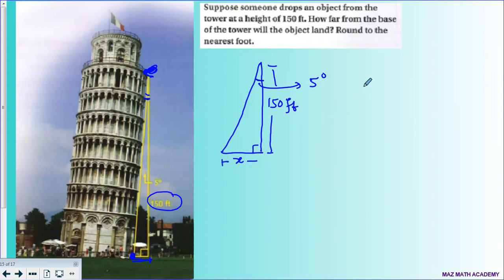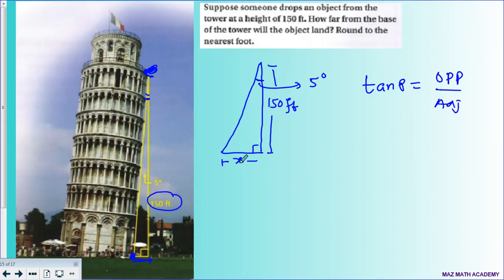It's a right triangle, and we can find this base length, the distance from the base of the tower to the object, by using one of the trigonometric ratios. The given side is the adjacent side to the given angle, and the side we need to find is opposite to the given angle. So we can use tangent theta equals opposite side divided by adjacent side.